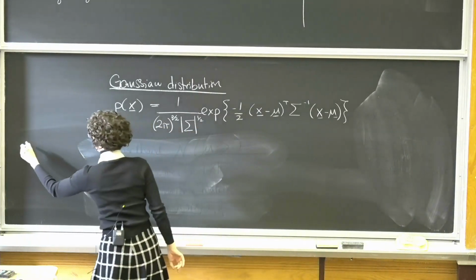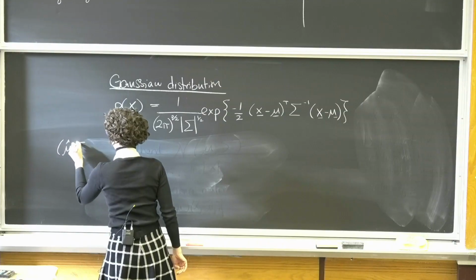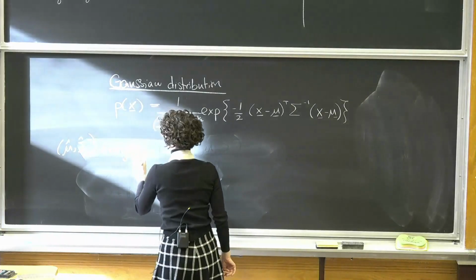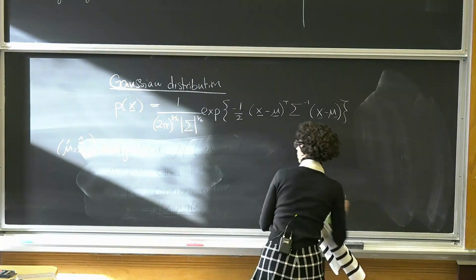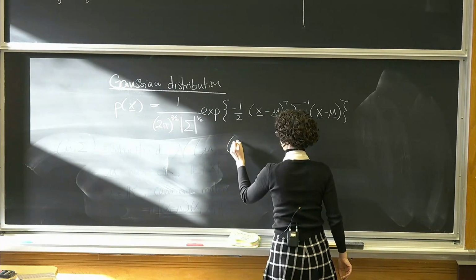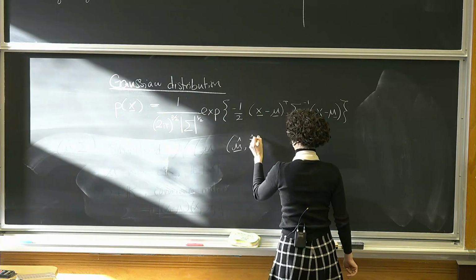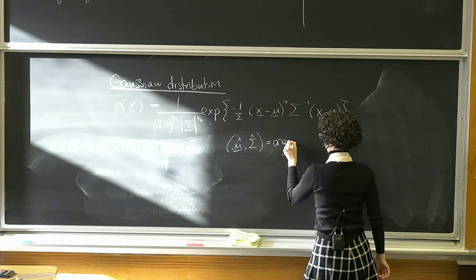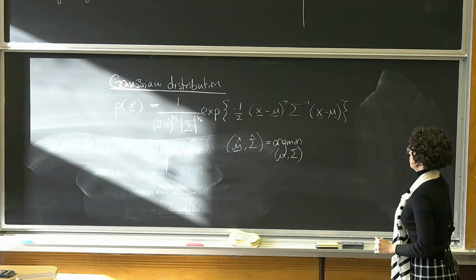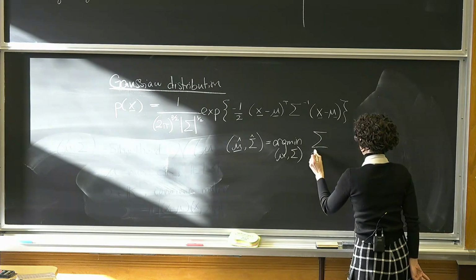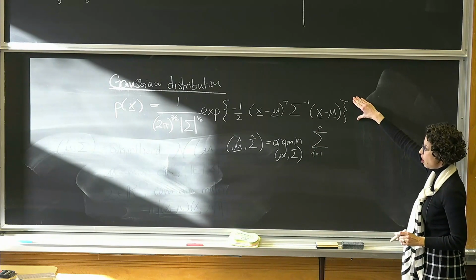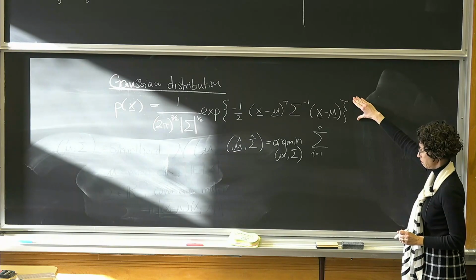And so we can say that our mu hat, sigma hat, is equal to the argmin of the sum from i equals 1 to p. And now we're going to take the negative log of this expression.